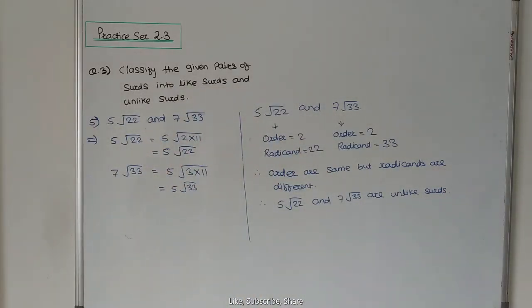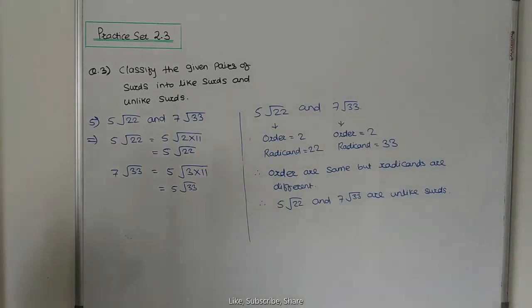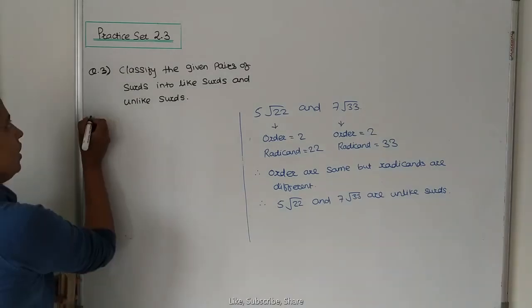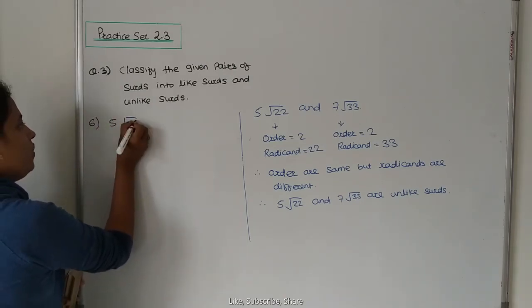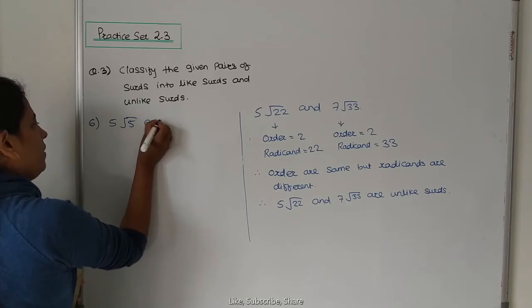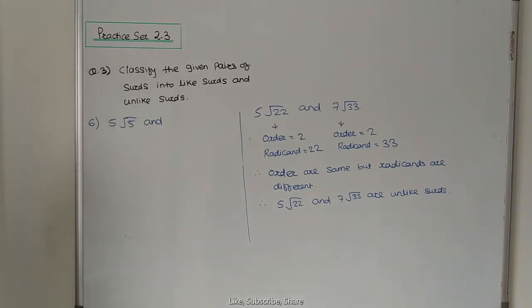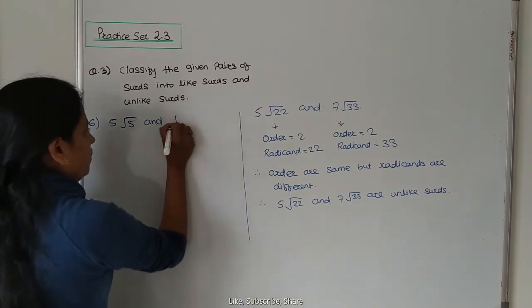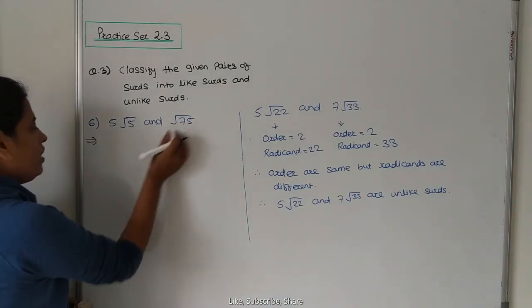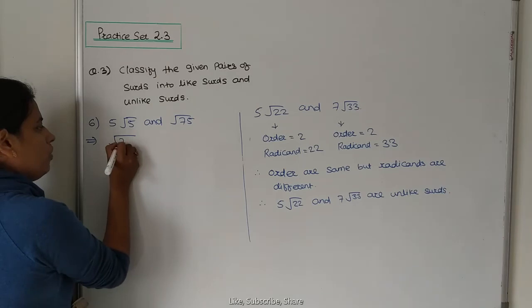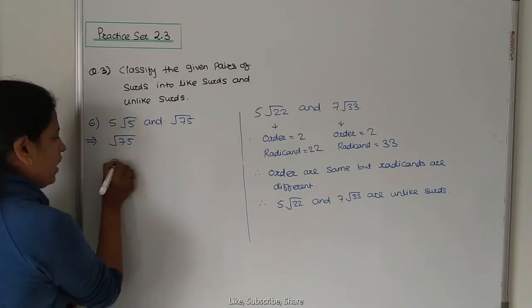Clear? Now, next question you have to solve, that is the last question, the sixth one, from question number 3. 5 root 5 and root 75. So just observe this root 75 is factorizable. You have to find the factors of 75. So write down 75.